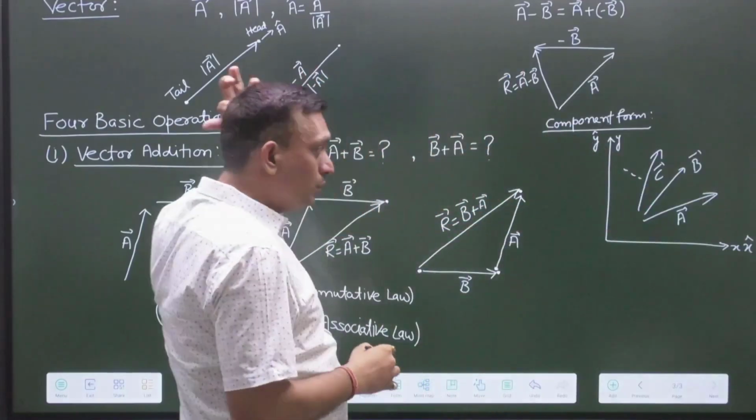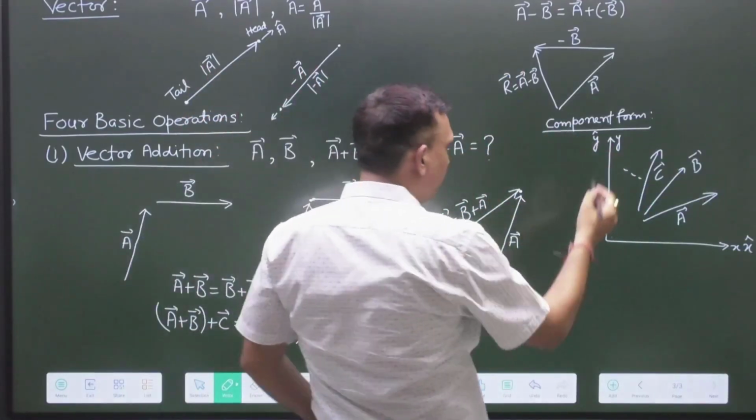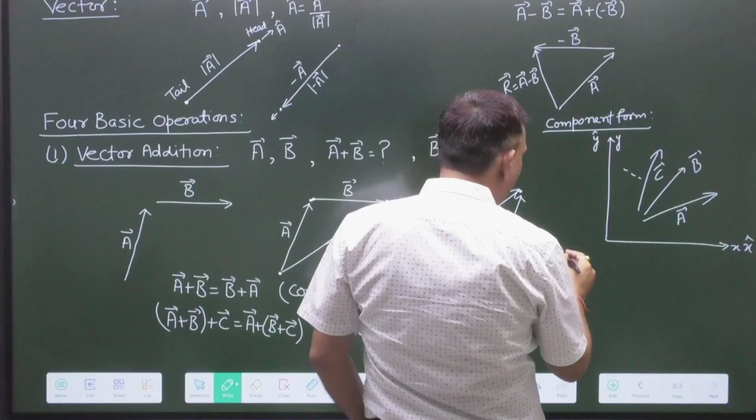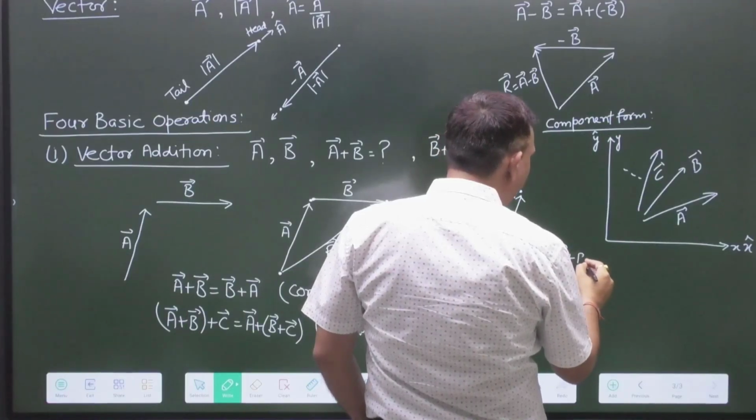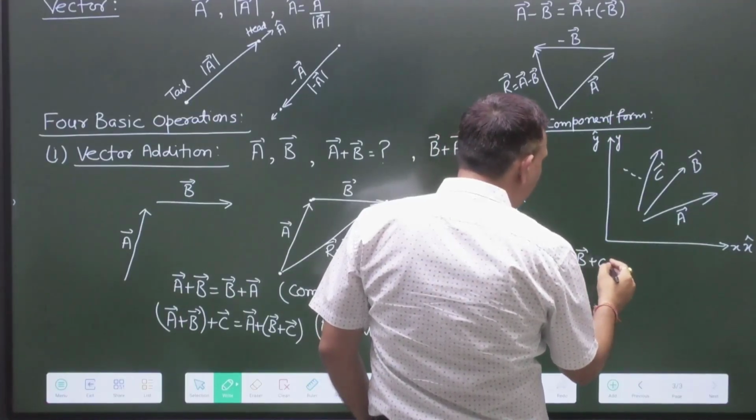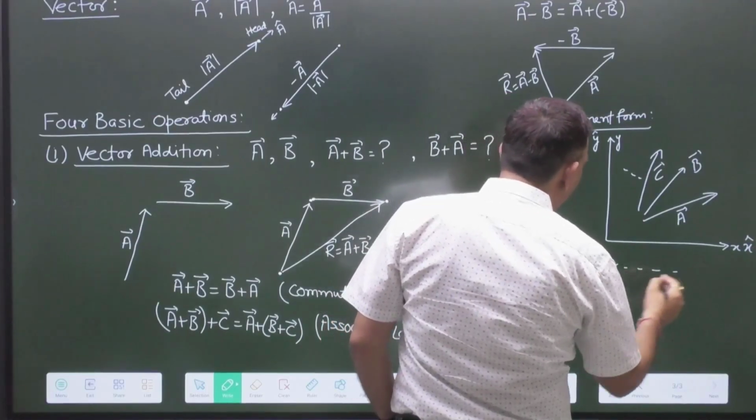What will be the vector sum A plus B plus C and so on?